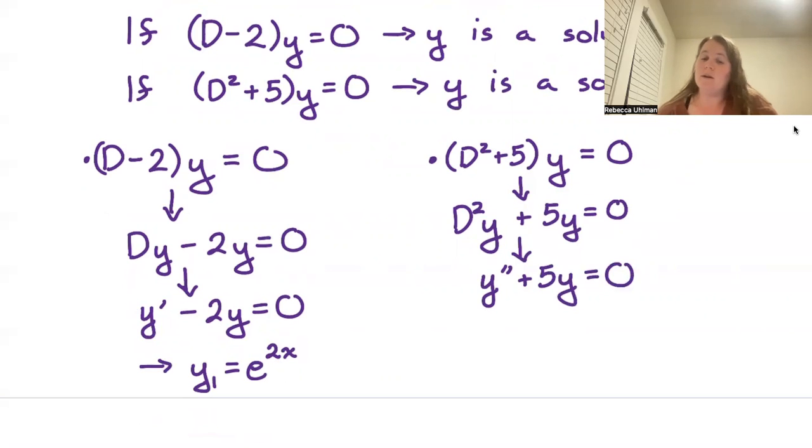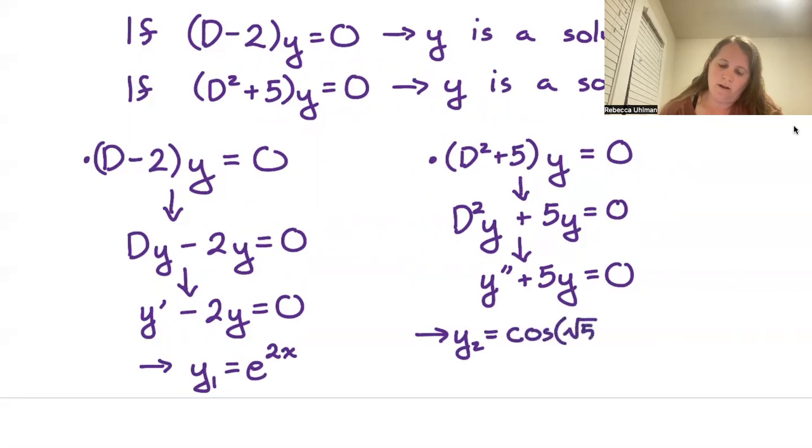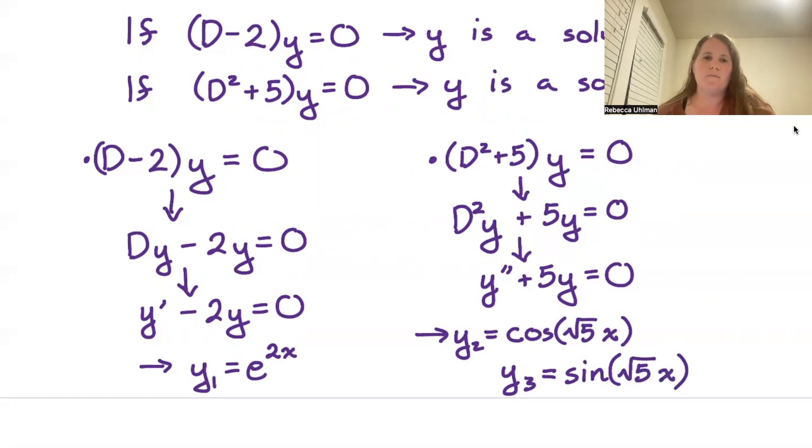We have already seen how to solve these problems before. This winds up giving us y2 equal to cosine of the square root of 5 times x, and y3 equal to sine of the square root of 5 times x.